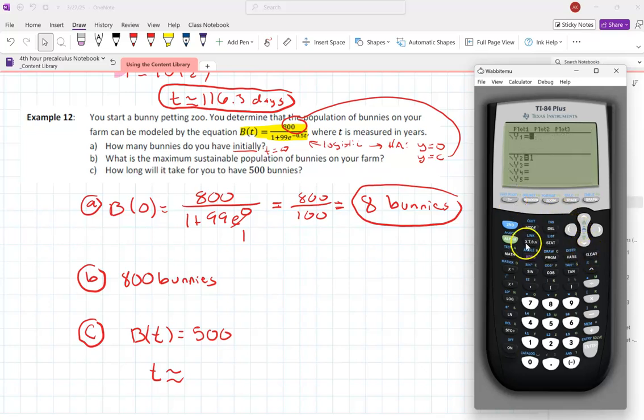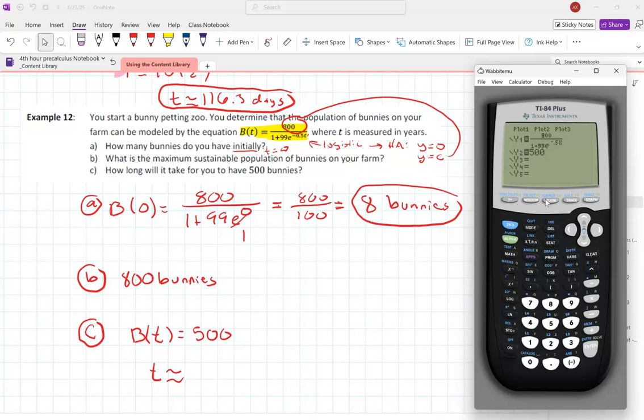Okie doke, artichoke. So I'm going to use the fraction command so I don't have to muck around with a million parentheses on this thing. I'd suggest you do the same. So there's my setup on my calc.